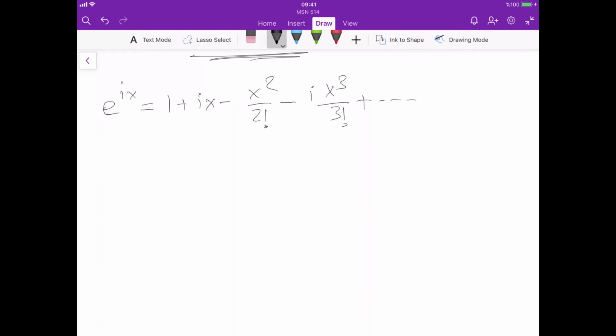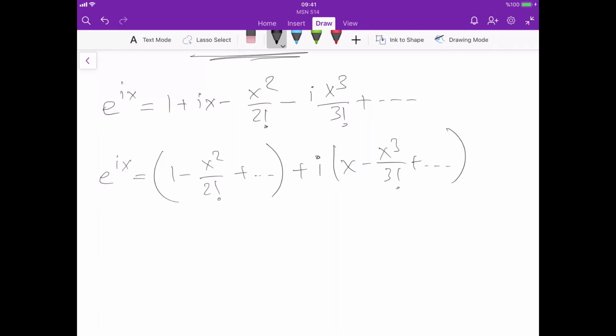So if you rearrange these things, then you can see that it's basically 1 minus x squared over 2 factorial plus etc., plus i times x minus x cubed over 3 factorial etc. Right? What was this?